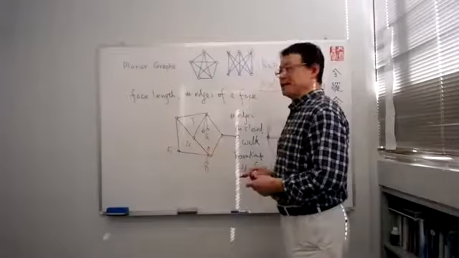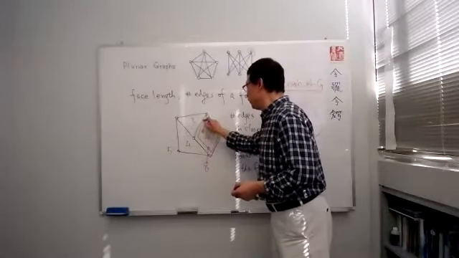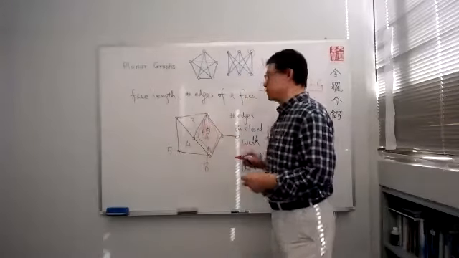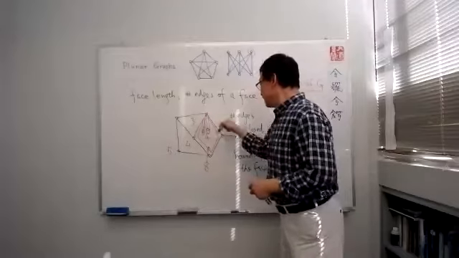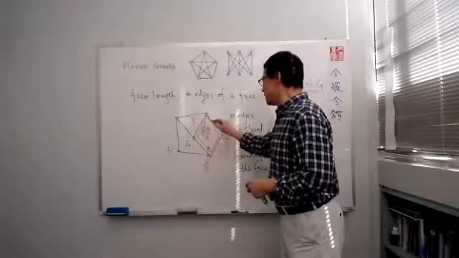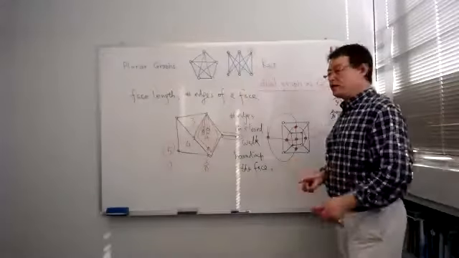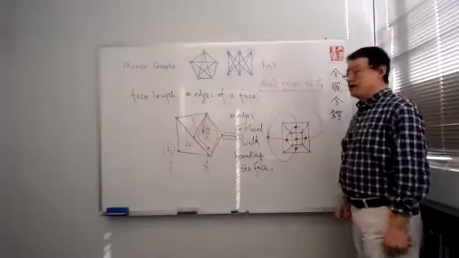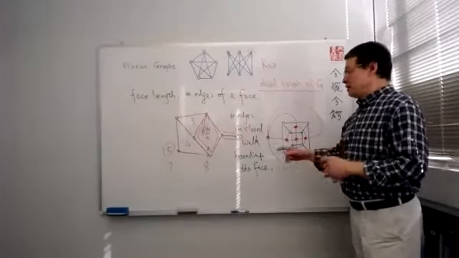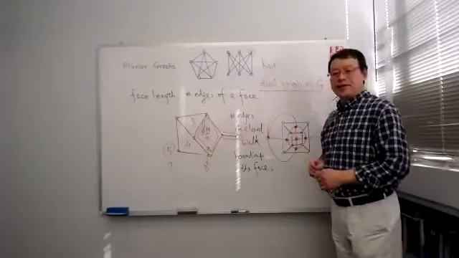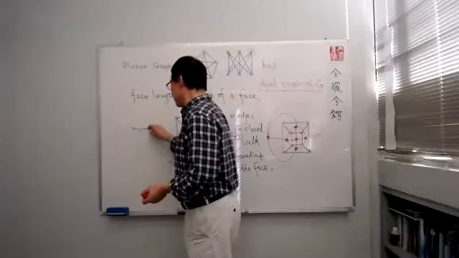Closed walk: 1, 2, 3, 4, 5, 6, 7, 8. The outside one will be 7. Here it was 5, but the outside one instead of 5 becomes 7. So be careful with that technicality when we determine the face length. This cut edge will be counted twice when it's a cut edge.